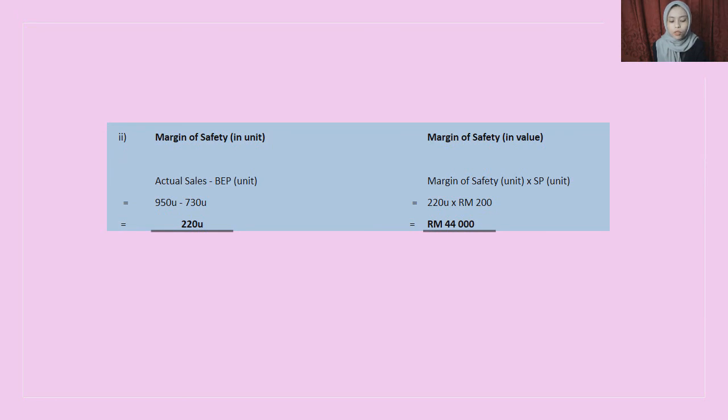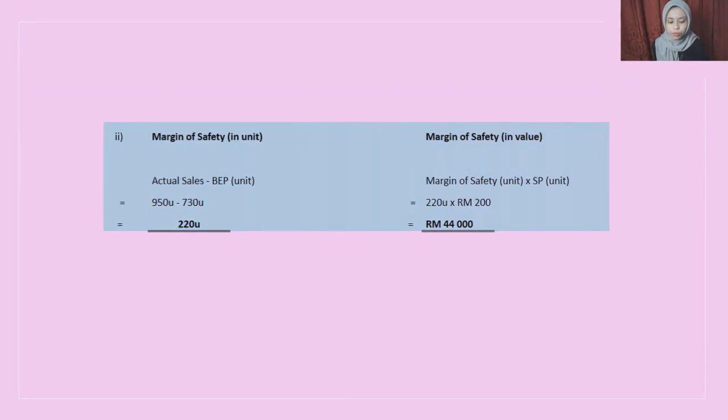For the margin of safety in value, the formula is the margin of safety times the selling price. So 220 units times 200, and we get a total of 44,000 ringgit.